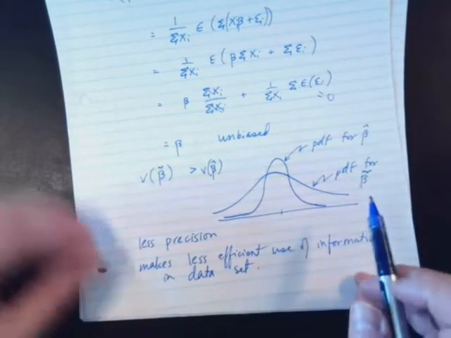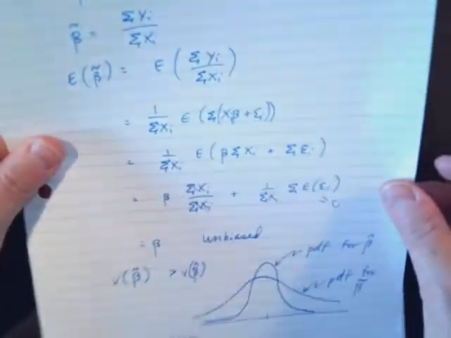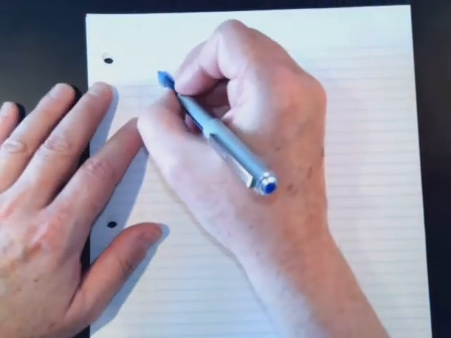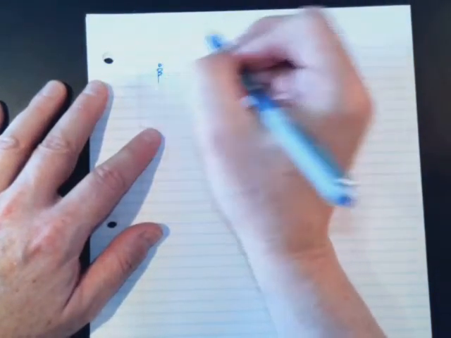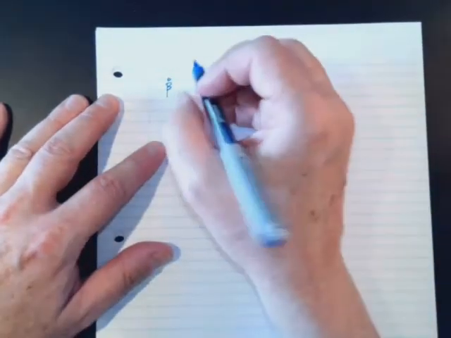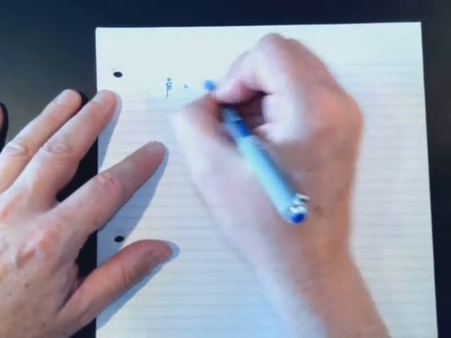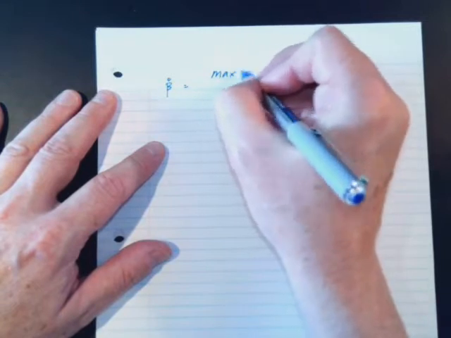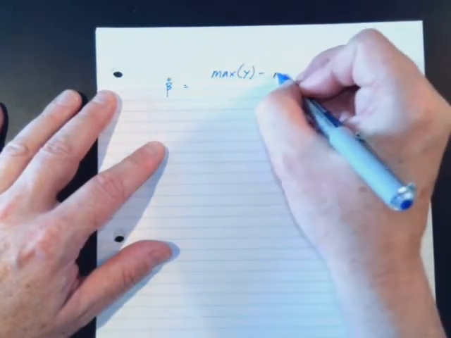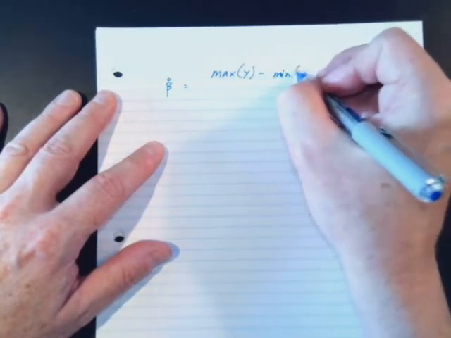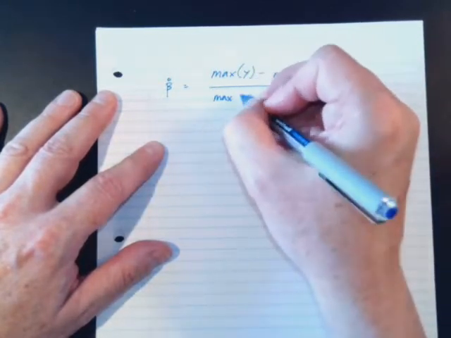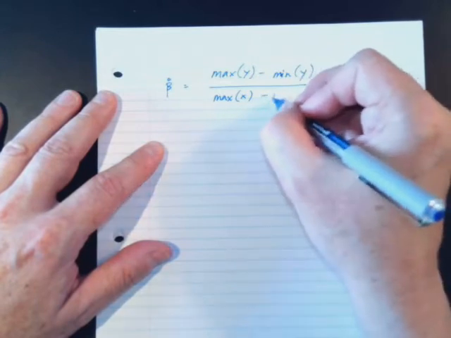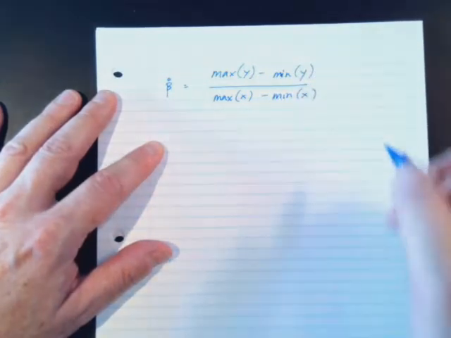I'll give you one more little example here. Let's do a third estimator. I'll call it beta, and I'll put a little 0 on top, just because I'm running out of symbols here, and we'll say max y minus min y divided by max x minus min x.